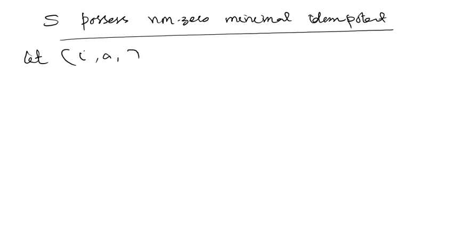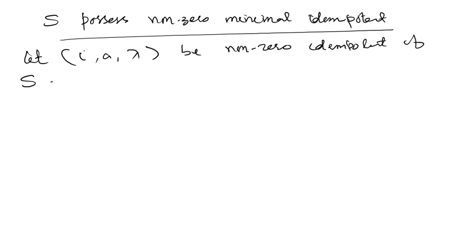Let's assume that this I a lambda, a non-zero idempotent of S. Okay, that means it is an I cross G cross lambda, which is the definition of S: I cross G cross lambda union zero, right? It's a non-zero element.